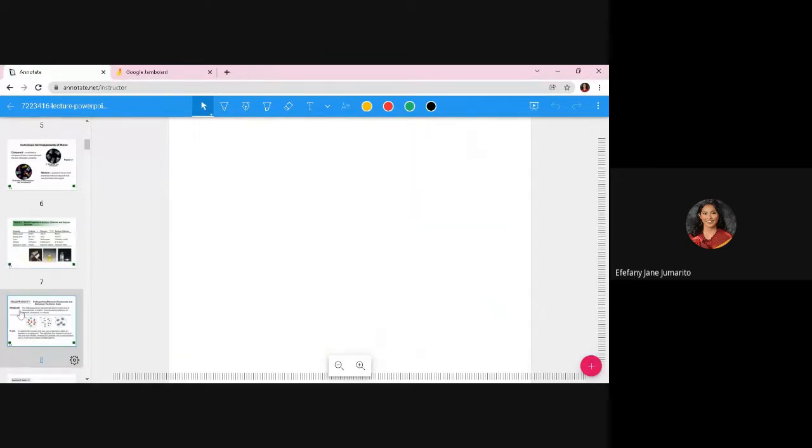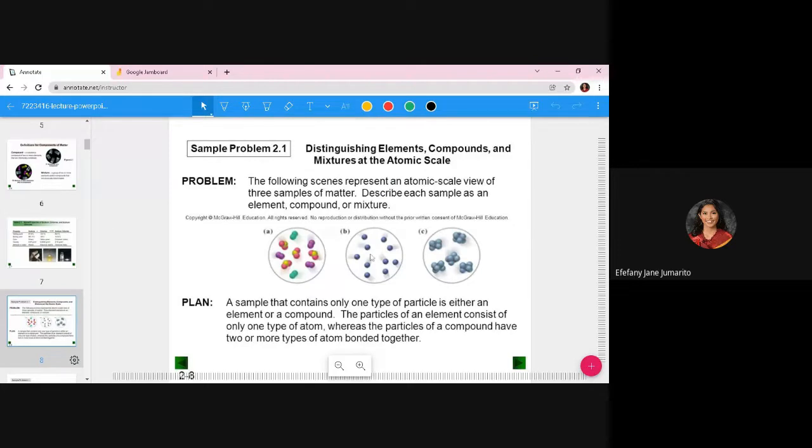Okay, so we have also this one. What about letter A? Describe each sample as an element, compound, or mixture. It looks like a mixture. Okay, it's a mixture because there are different compounds and molecules present.